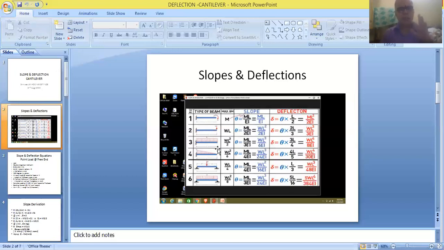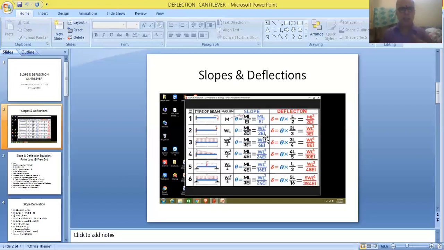So capital L or small l is always used for indicating the total length of the beam, and it is expressed in terms of millimeters. And finally, the third parameter, friends, is called Young's modulus, capital E, for the material of the beam. It is expressed in Newton per millimeter square.